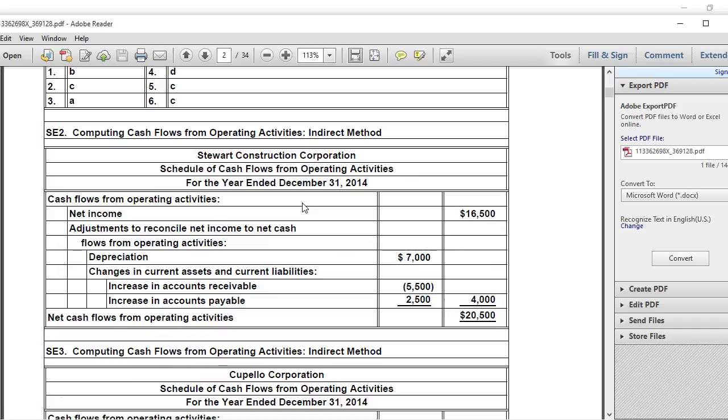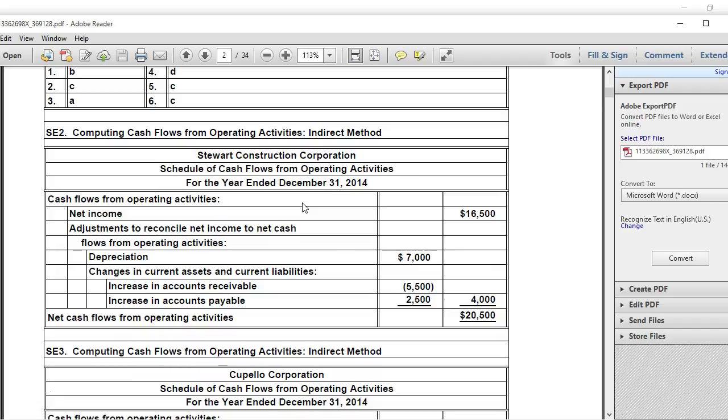Now, the opposite is true with accounts payable. With accounts payable, if accounts payable increases, then that means we owe more money, right? We owe more money. So an increase in accounts payable means that we have taken write-offs or reduced our net income by items we have not yet paid for.